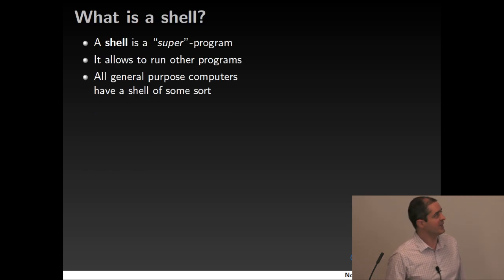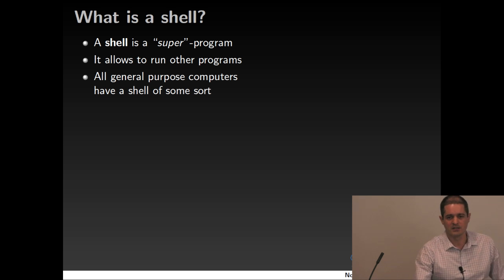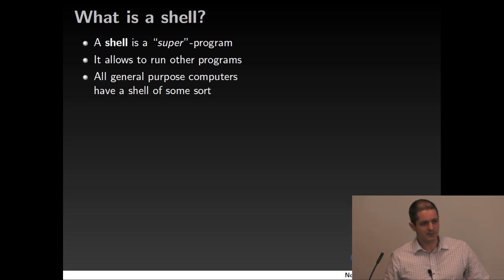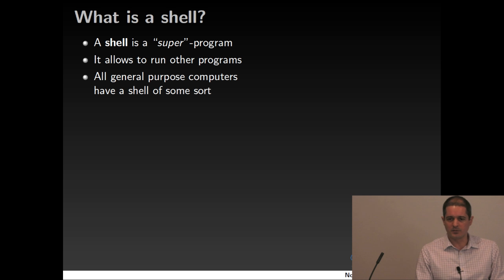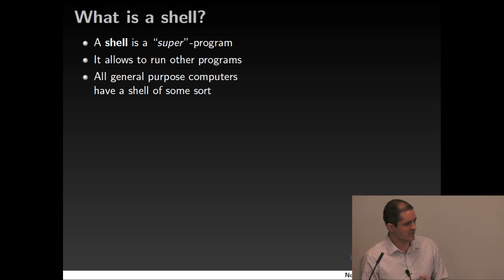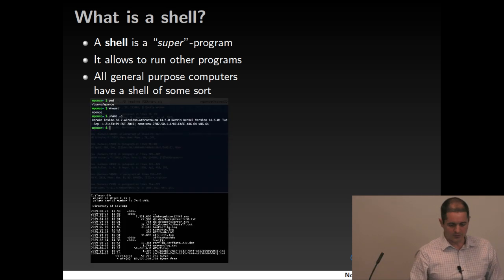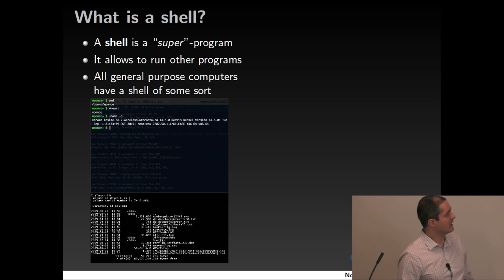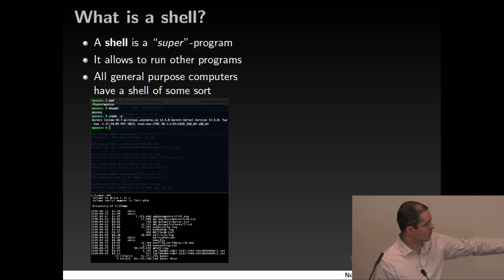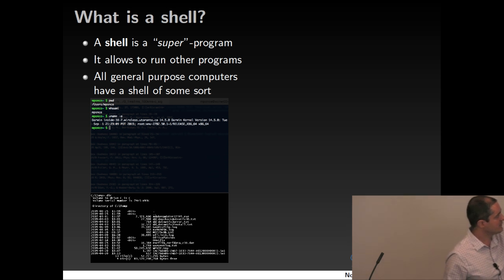So you might be asking yourself, what is a shell? A shell is a meta program, a program that we use to run other programs, okay? Basically, all general purpose computers have a shell of some sort. For example, if you open a terminal in Linux or in Windows, you're going to see the shell prompt waiting for your input, for example, in Linux here, and here in Windows.